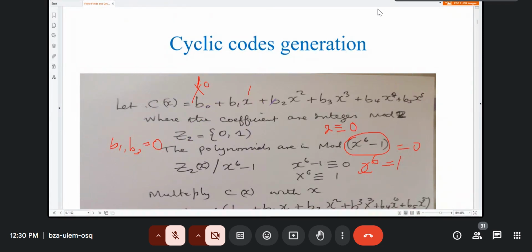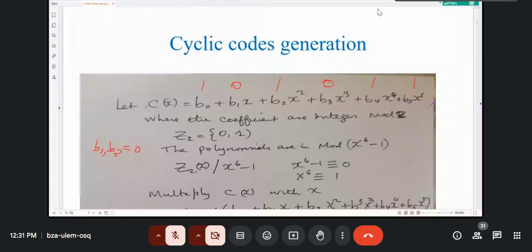So let's assume b1 and b3 are 0. It will be 0, 1, 0, 1, 1.